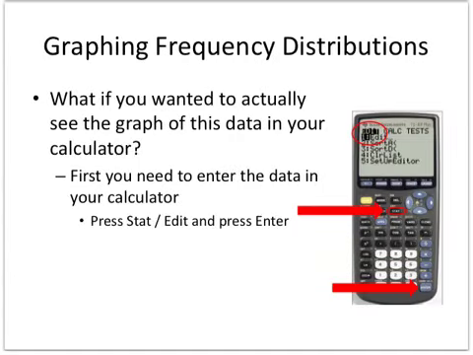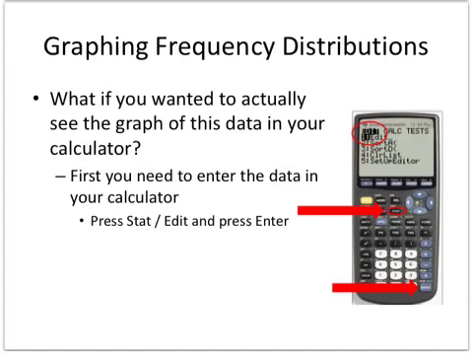You can actually graph this on your calculator, and I'll show you the steps. This is going to become important later, that you understand how to put data in your calculator. Even if you don't want to graph anything, there'll be other times that I'll tell you how to put data into your calculator.